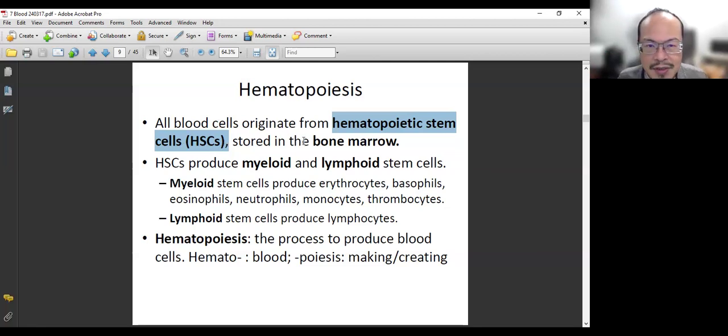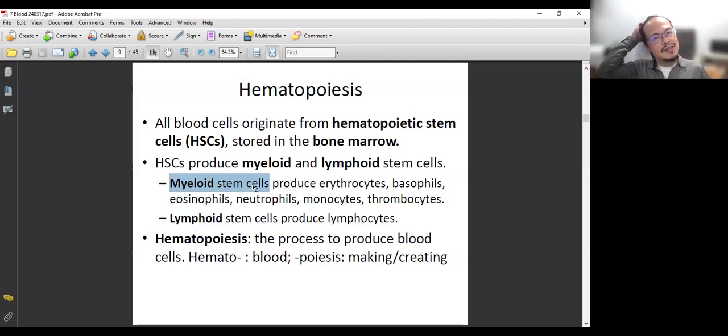Hematopoietic stem cells in the bone marrow can differentiate into two types of stem cell, myeloid and lymphoid. And we know that lymphoids produce lymphocytes, and every other cell comes from the myeloid stem cells, right? So that's that.